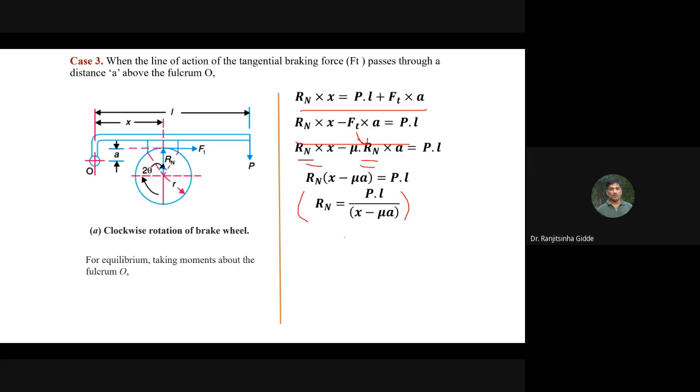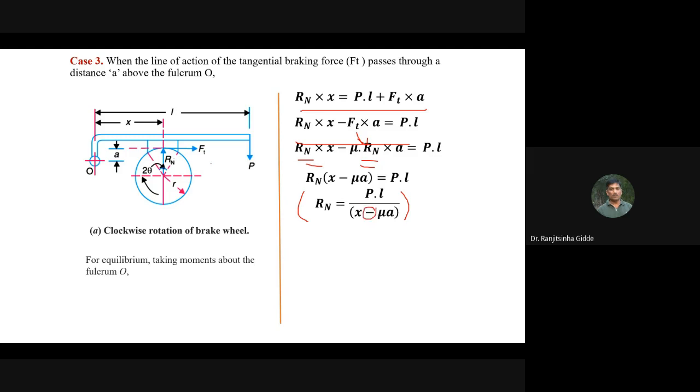Now here itself you can predict what the change is between the fulcrum below the tangential line and the fulcrum above the tangential line. So this sign is changed.